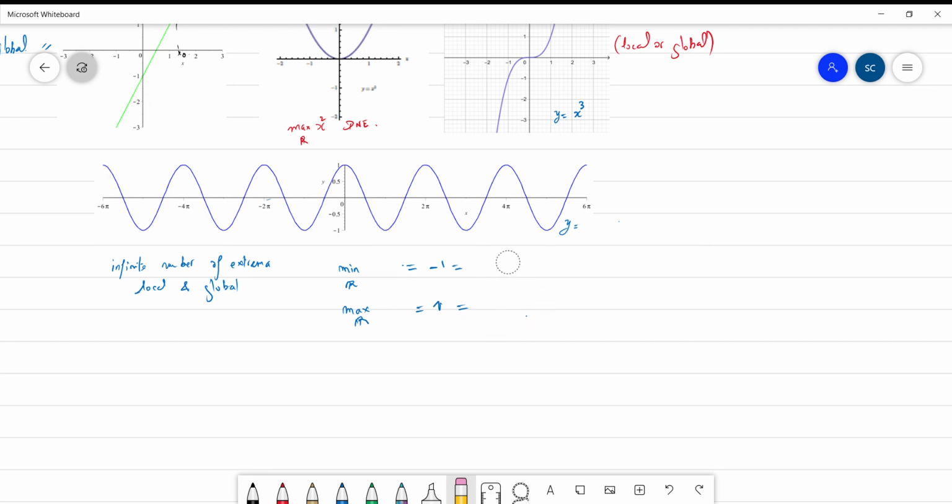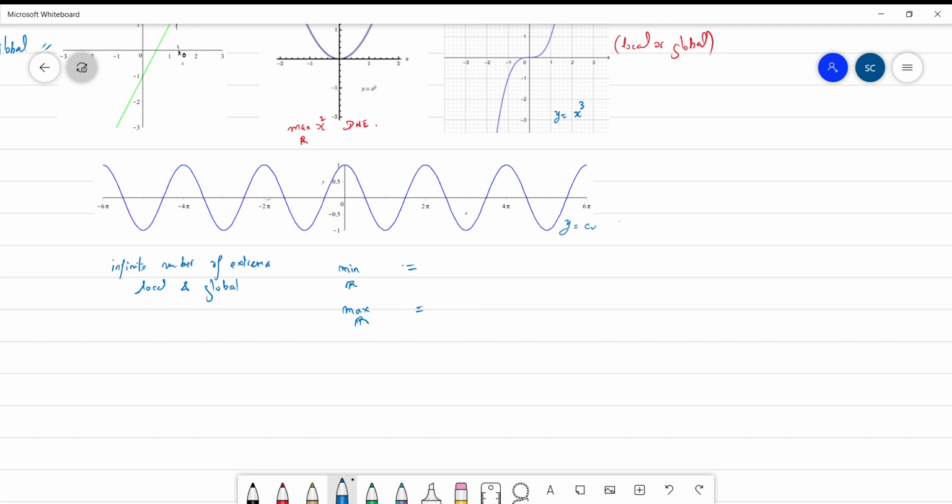Let's correct this one. It's the cosine function. Cosine at 0 is 1, at pi over 2 is 0, at pi it's -1.